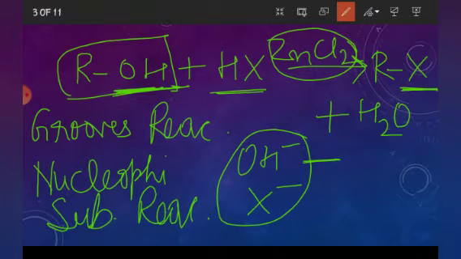Again I am repeating, in this reaction OH of the alcohol is replaced by X by the treatment of halogen acid in the presence of anhydrous ZnCl2.